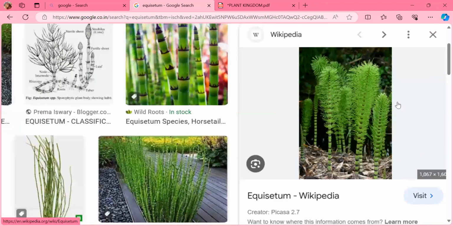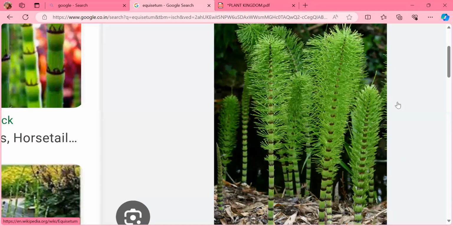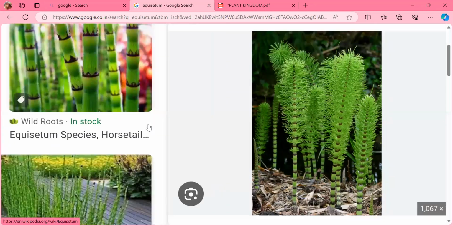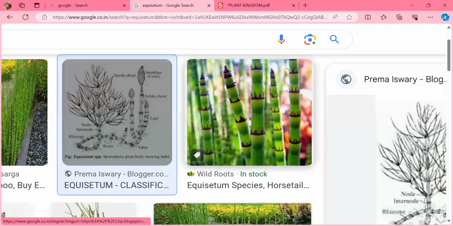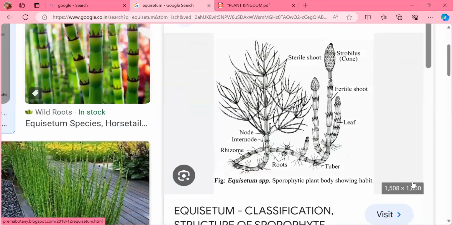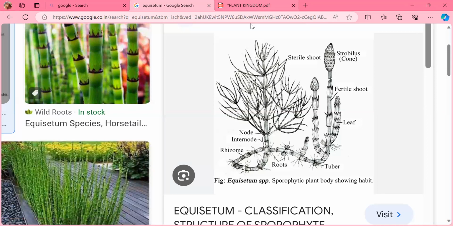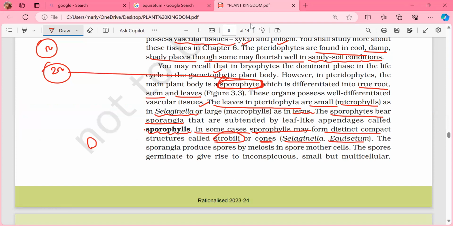Looks like a brush that cleans the bottle, isn't it? Also, look here, this diagram. They have shown strobilus also in the diagram, the cones. Okay, Equisetum: this is the sporophytic body and this is the strobilus area. So this much is clear?